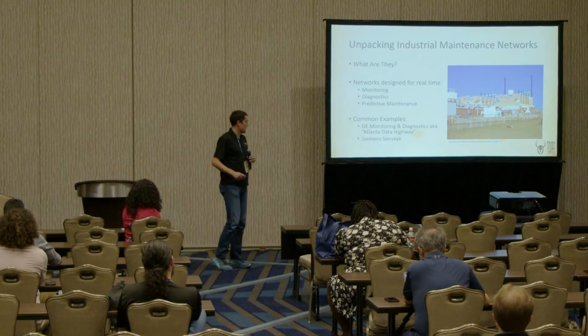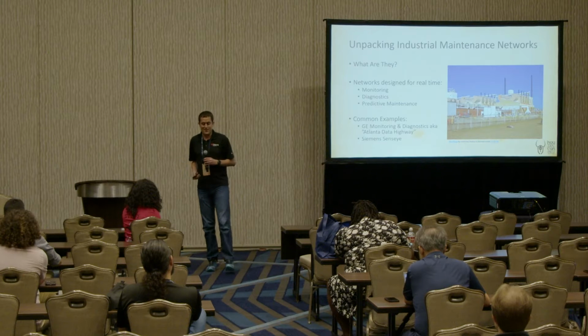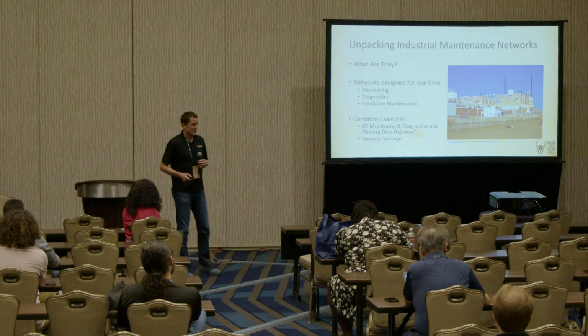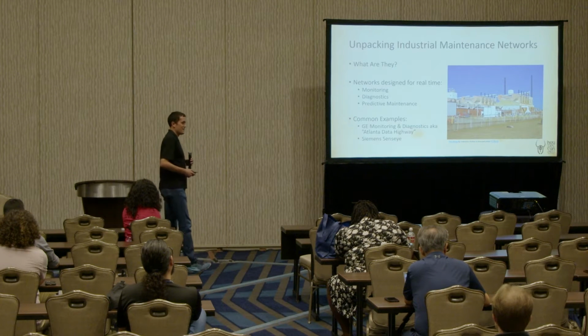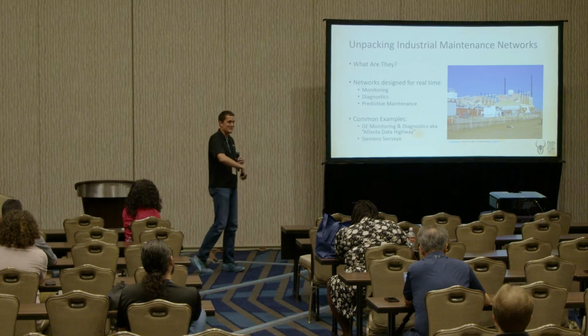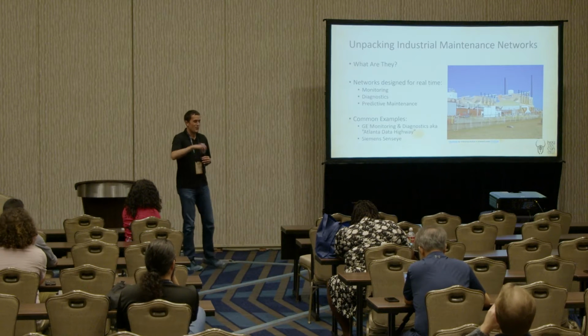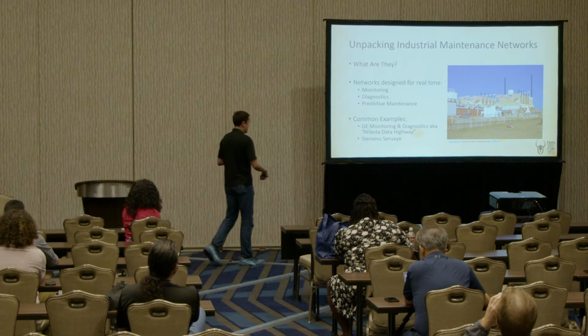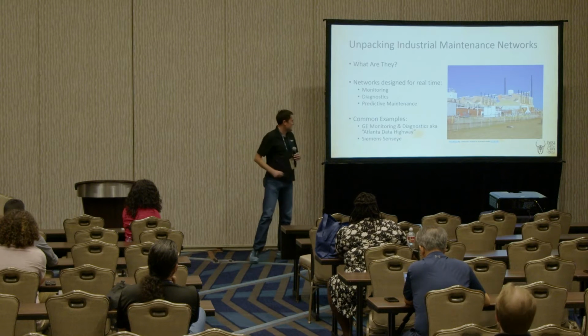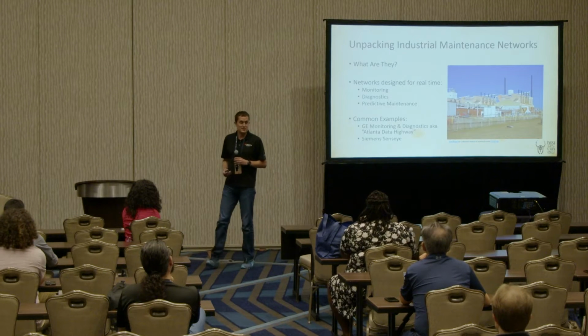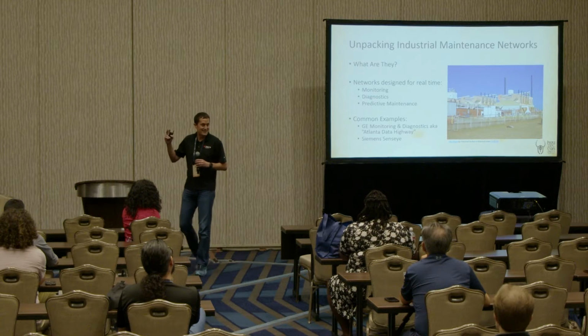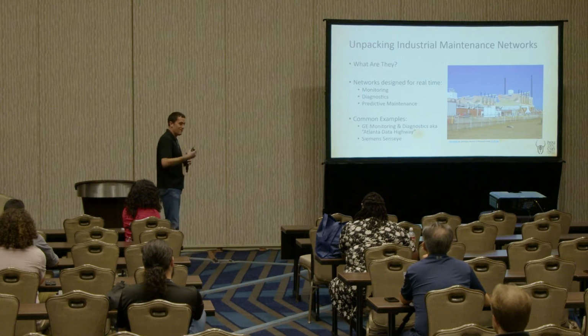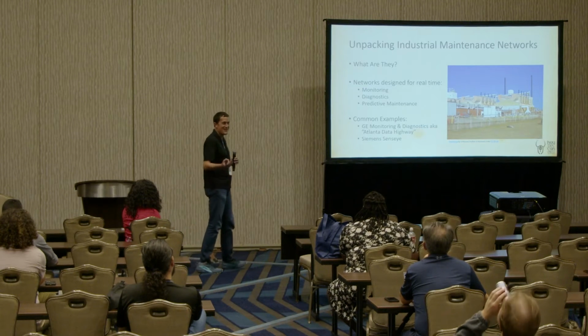Common examples you'll hear, and today we can't call anyone out. We have to watch what we share because OEMs often don't like you talking about their maintenance networks, for risk. So we will not call anyone specifically out. But some examples you'll hear in industry are GE's monitoring and diagnostics, the Atlanta Data Highway. Or if you're in Houston, Baker Hughes has their equivalent.